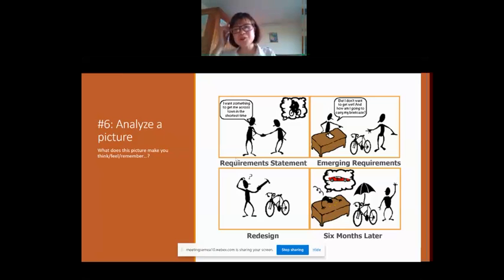From picture number two to picture number three to the final picture, someone said that, yeah, the developer misunderstood the idea of the customer, and someone said that, yeah, he understands the idea of the customer, but finally his ability is limited, and he cannot transform the expectation, the requirement into the expected system. And I think all of these ideas are correct. It's very good, just from analyzing these pictures.